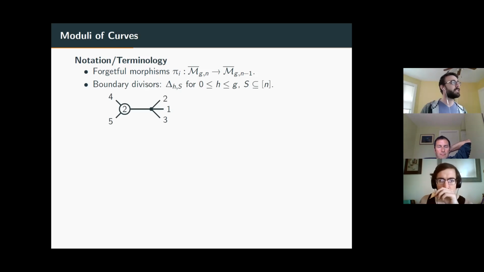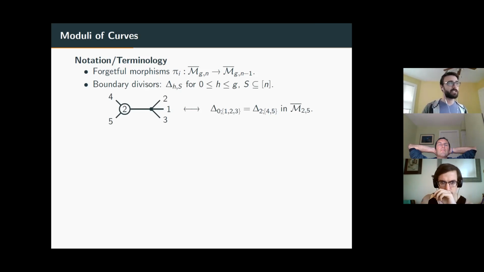Here's a picture. I'll represent boundary divisors as dual graphs. Think of them as just being in correspondence, because that's what we usually do. So this dual graph corresponds to the boundary divisor in my notation, delta sub 0, and then the set 1, 2, 3, because the rational component, which has genus 0, has the marked points 1, 2, and 3.